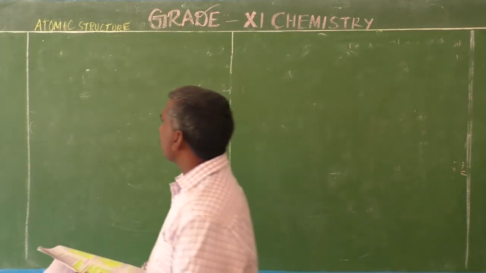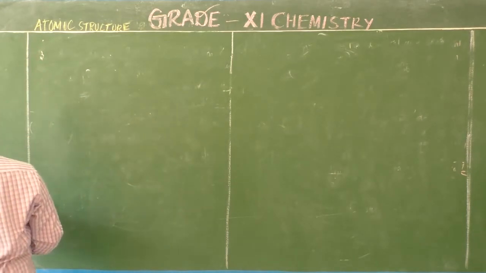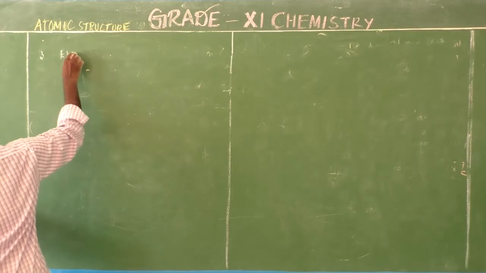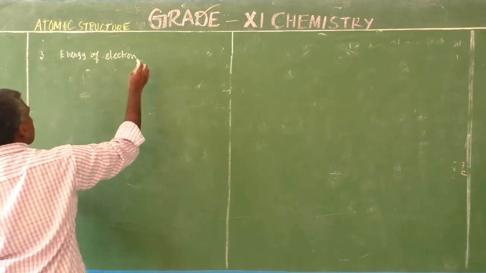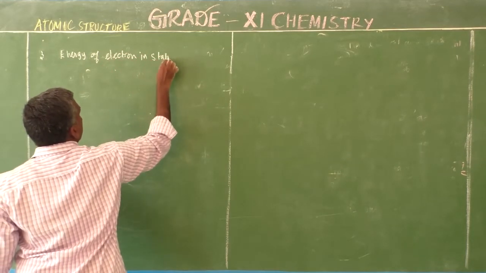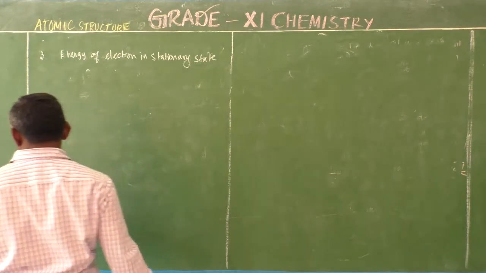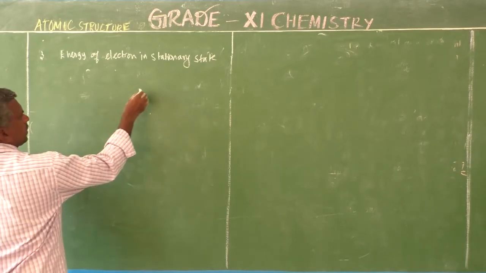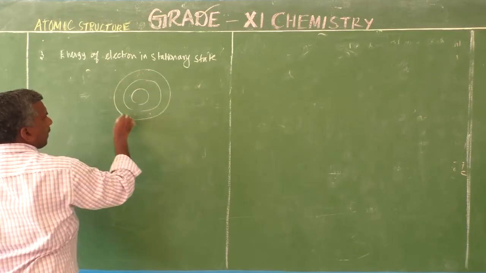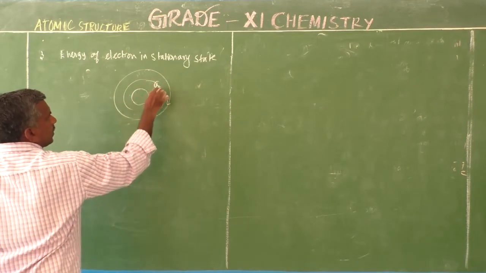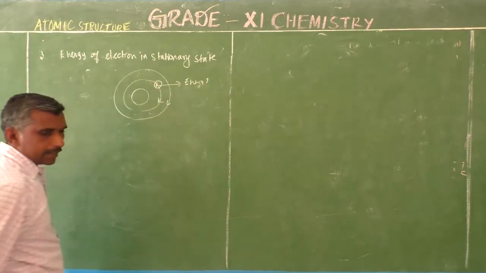Next, for the hydrogen atom, the energy of the electron in a stationary state. A stationary state means that when the electron is present, this is the electron energy.